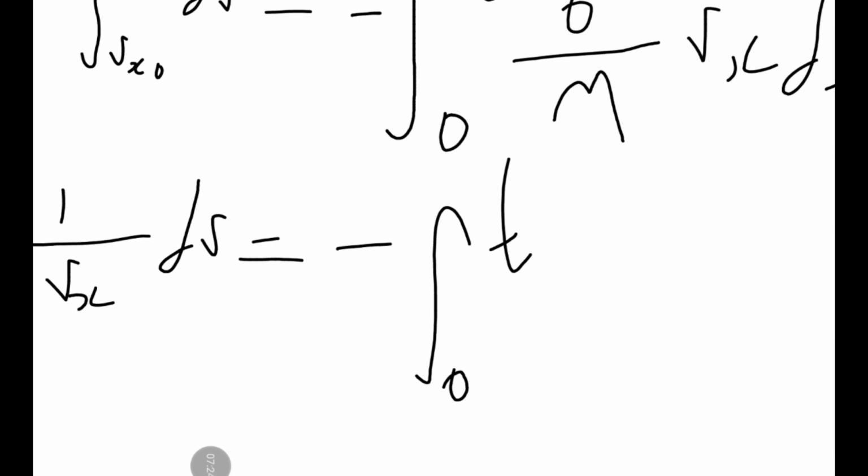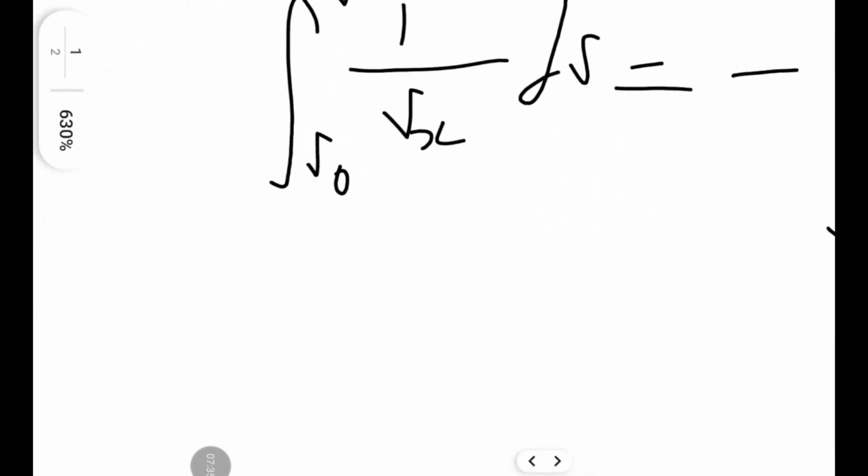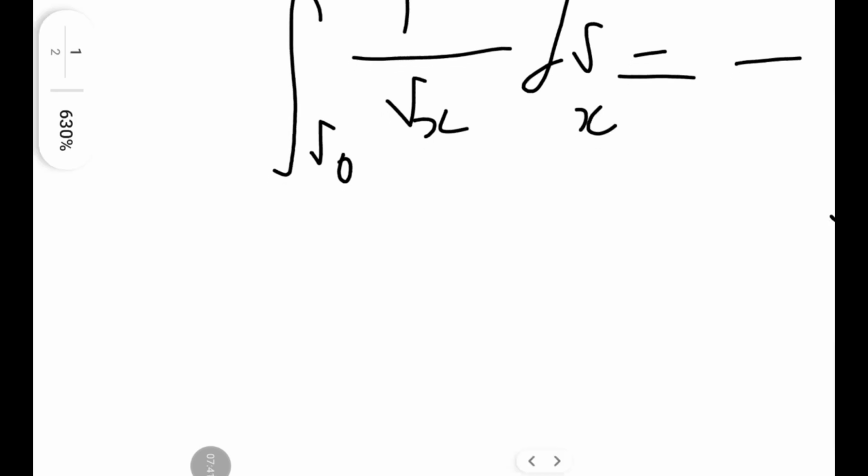So we're looking at that, and we're going to do again b over m dt. Now, in terms of integrating this part, we know that 1 over vx integrated, by the way, it's dv of x, I apologise, it should be dvx.